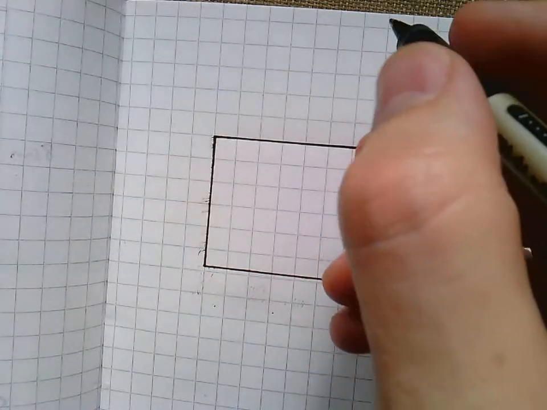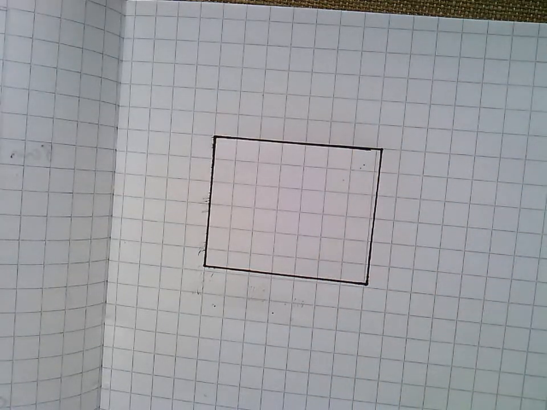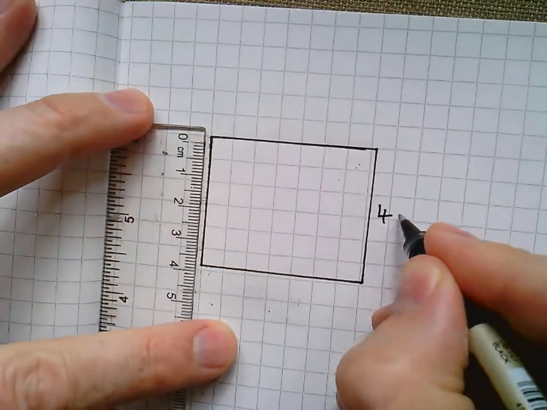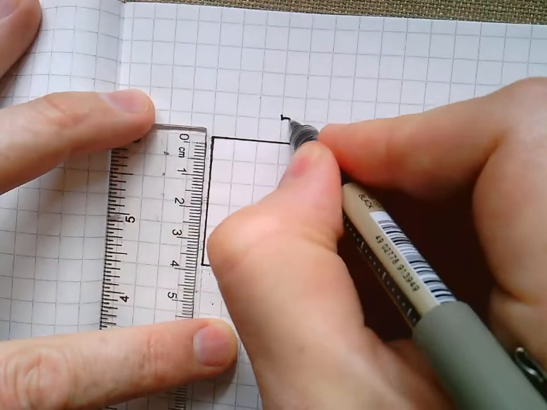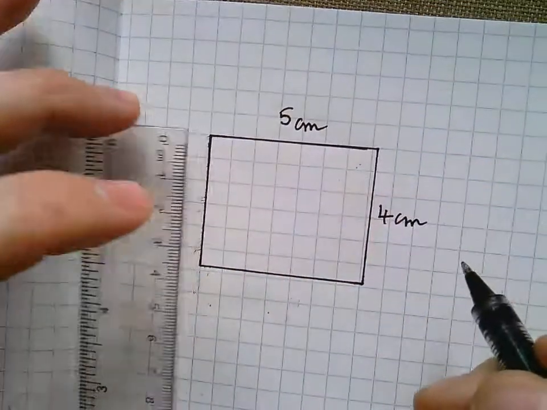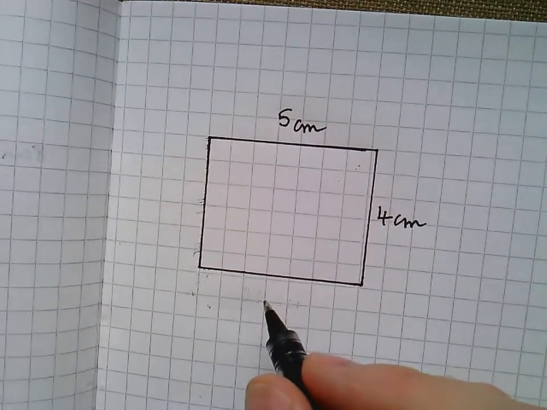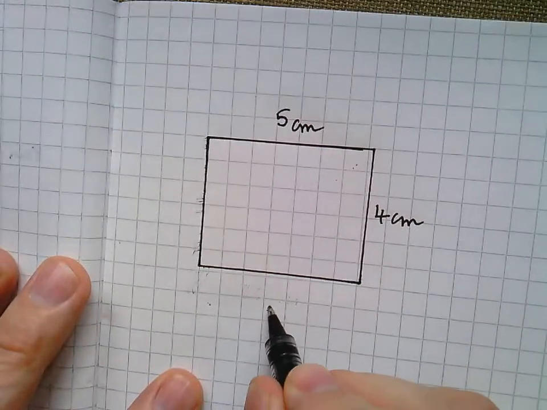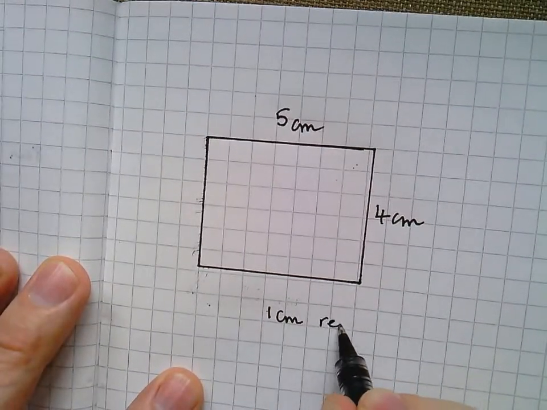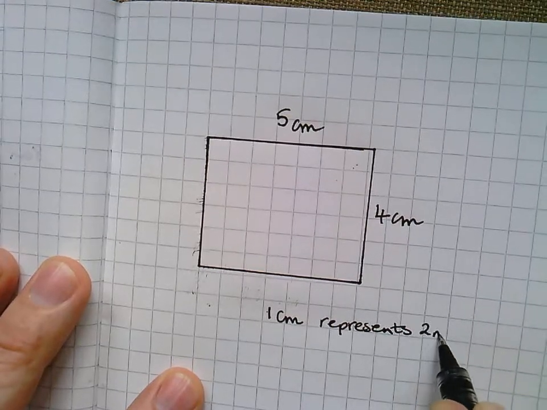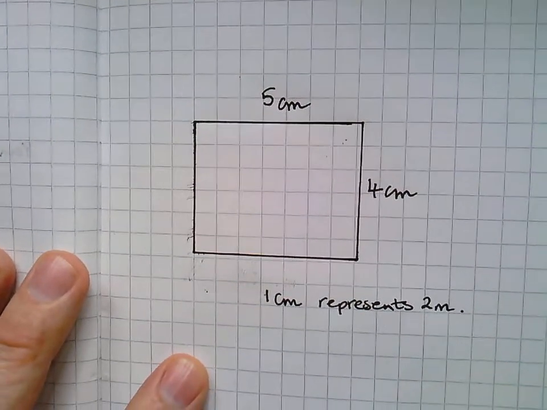Okay, so we had the measurements that we needed. You can see this side here was the 4 centimetres, and this was the 5 centimetres, and the scale we used was 1 centimetre represents 2 metres. So that's the scale on the scale drawing.